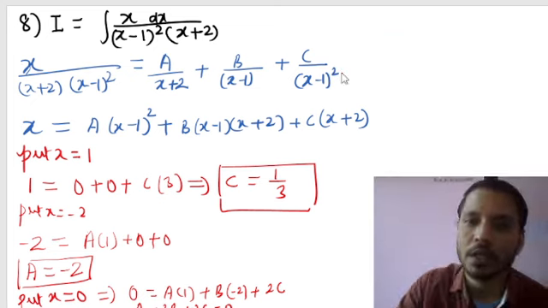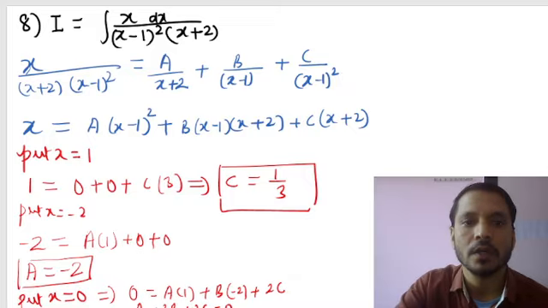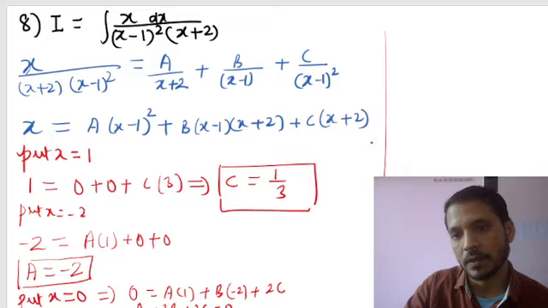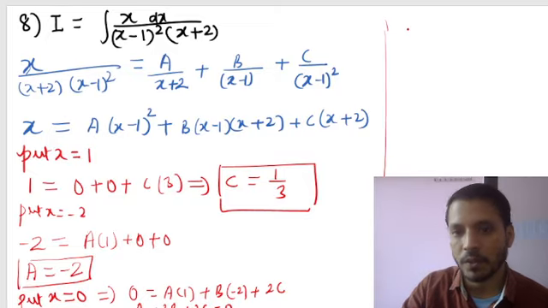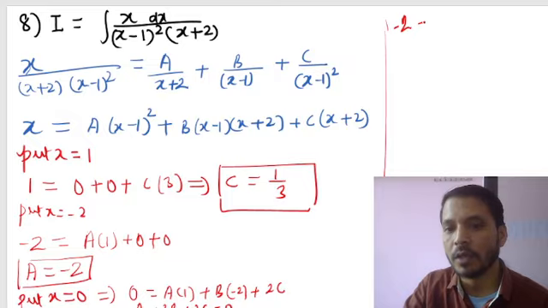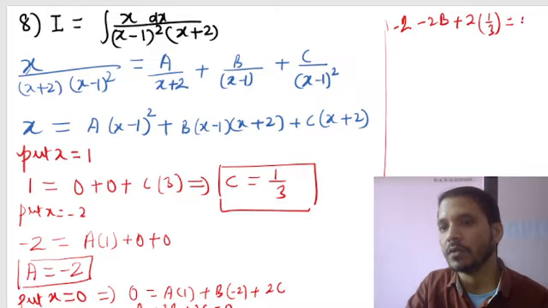So substitute the values: A is equal to minus 2, minus 2B plus 2C, C means 1 by 3, and this is equal to 0.